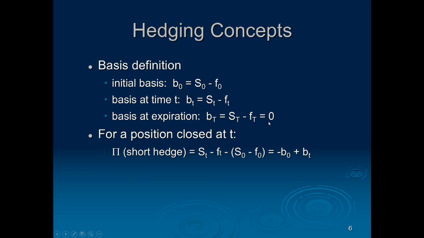So we know, as we create our portfolio, if we intend to hold it to expiration, we are guaranteed to make a certain amount of money, which is equal to initial basis, which is basically our cost of carry. So that's the reason why it's risk-free. And this, therefore, leads us to understand what basis risk is all about.